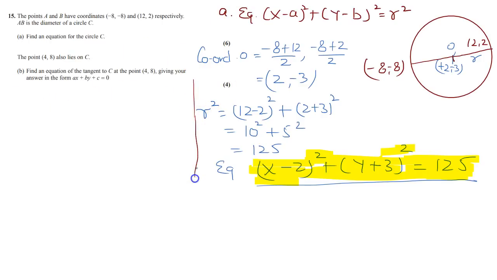Now let's try part B. Find the equation of tangent at C. Suppose this is a tangent at 4, 8. So equation of tangent is y minus y1 is equal to dy over dx or m, x minus x1.